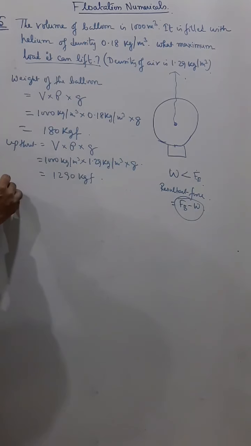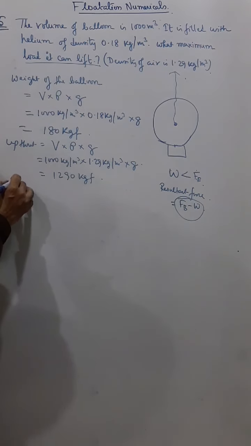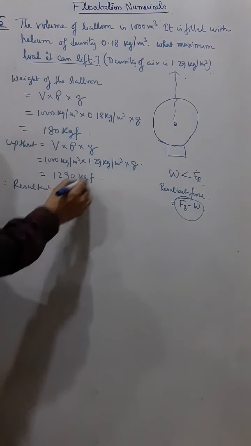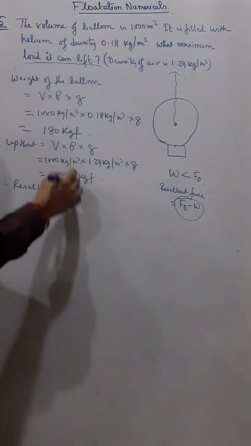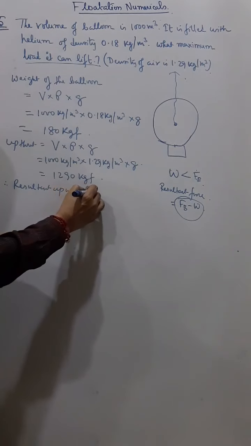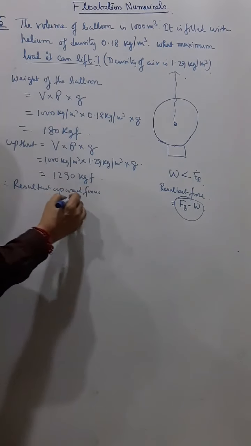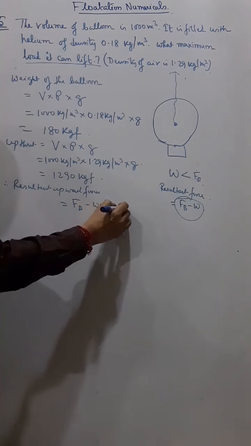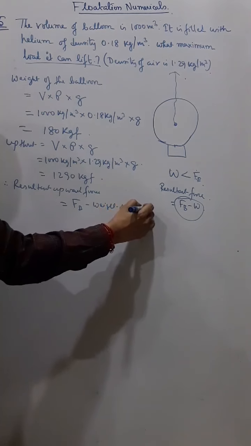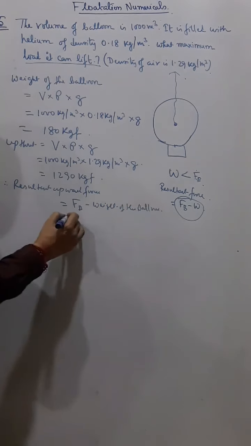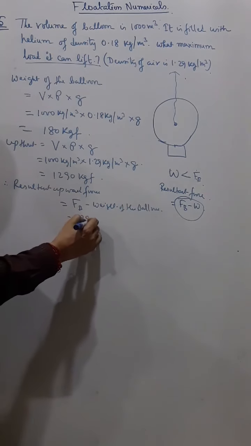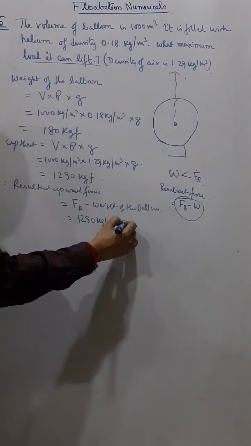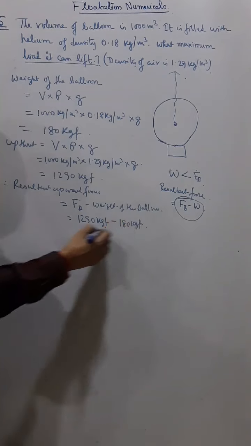Therefore we can say the resultant upward force, because the upthrust is greater, is equal to buoyant force minus weight of the balloon. The buoyant force is 1290 kgf and the weight of the balloon is 180 kgf.